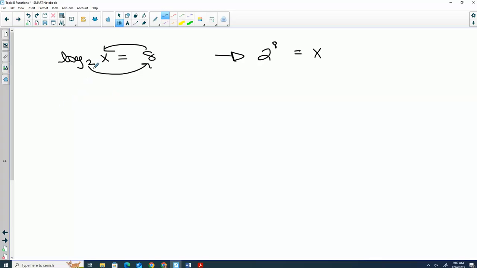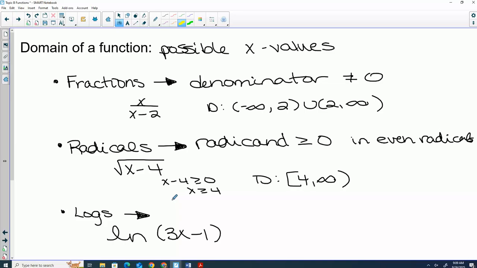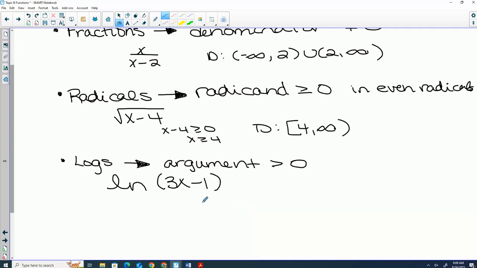Remember, in a log, the base had to be a positive number. If you take a positive number to a power, what kind of answer do you get? Positive. So in a log, the argument, the thing in the parentheses, is always greater than 0. Not equal to, just greater than.